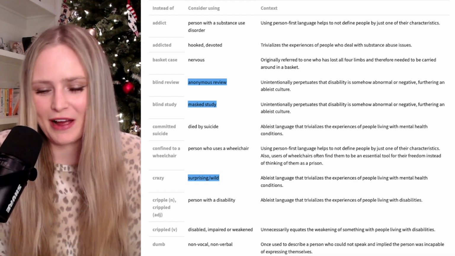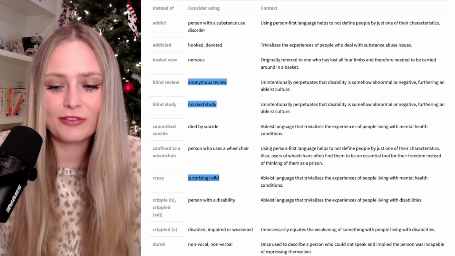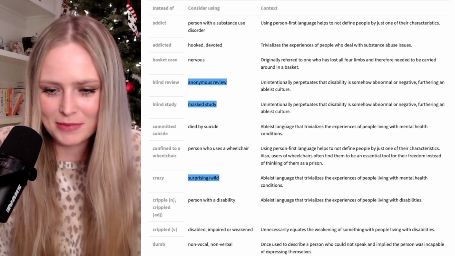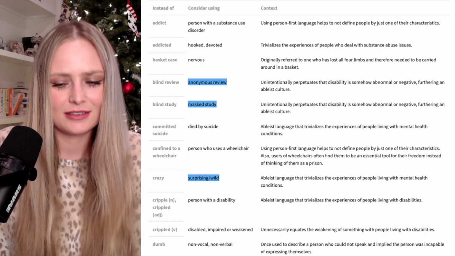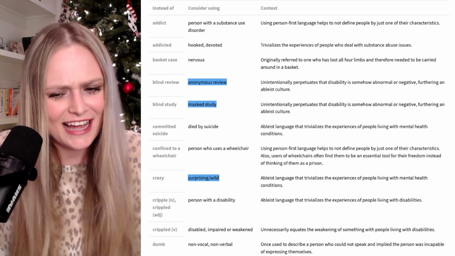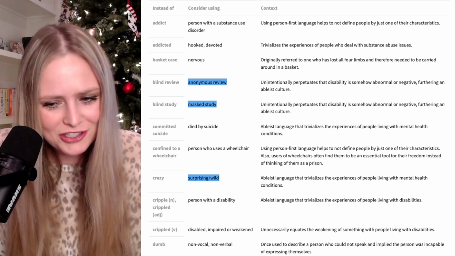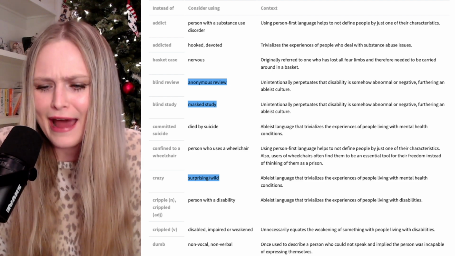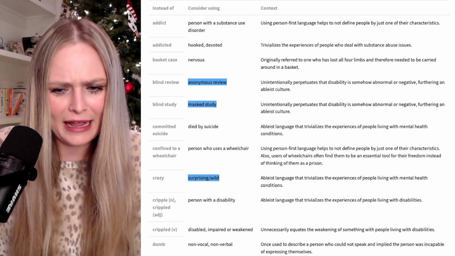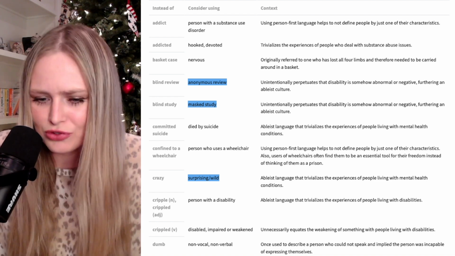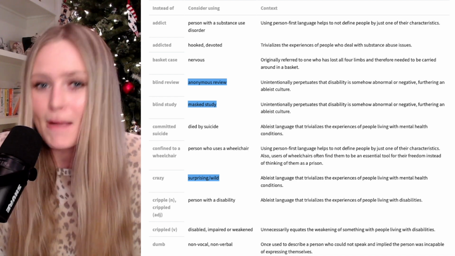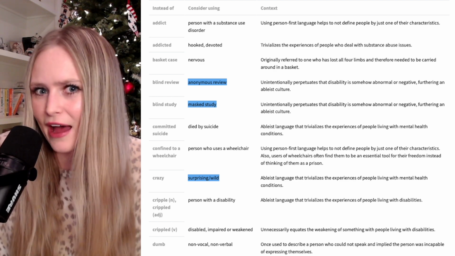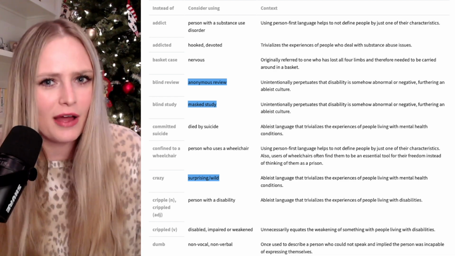So the first term I've highlighted is blind review. Instead of saying blind review, they want you to say anonymous review because it unintentionally perpetuates that disability is somehow abnormal or negative, furthering an ableist culture. I'm not sure how a blind review would do that. Are they saying blind people are offended by that?